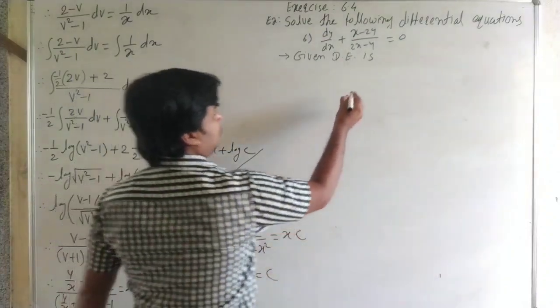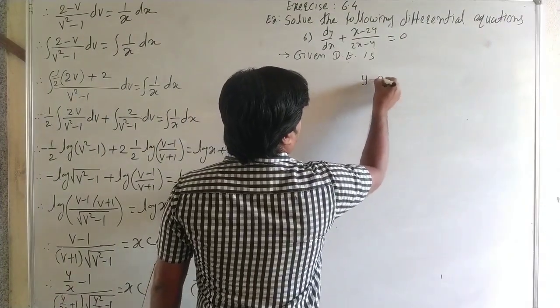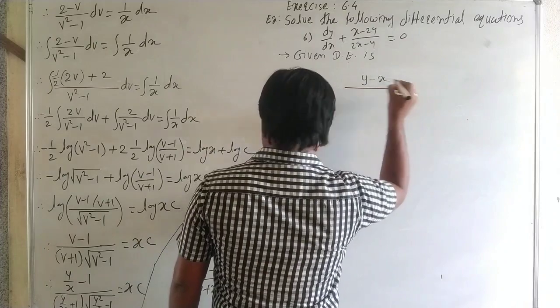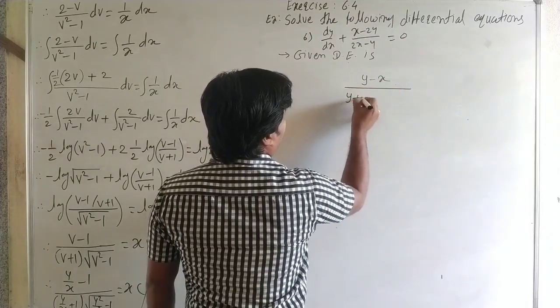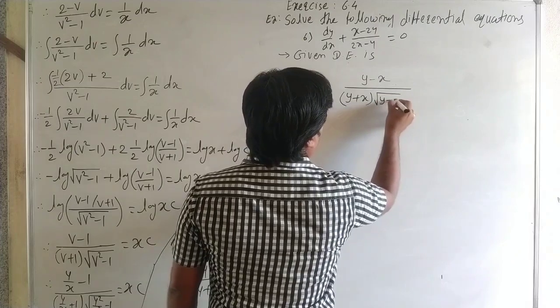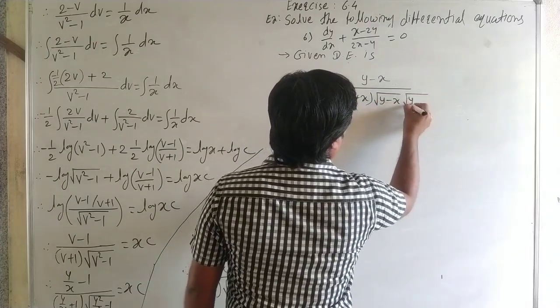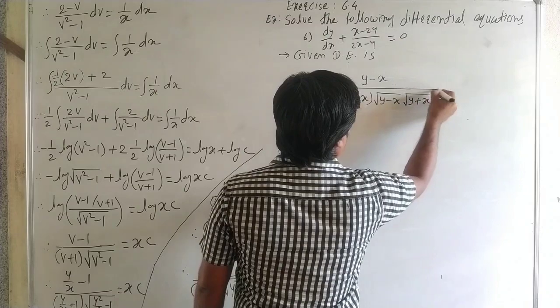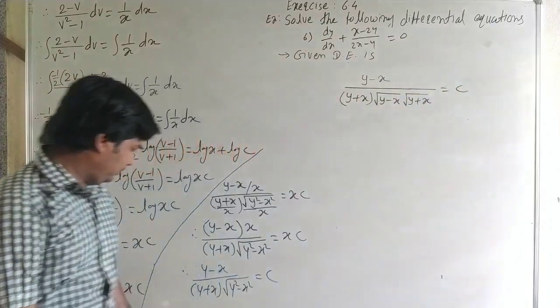After this, y minus x upon y plus x into under root of y minus x and under root of y plus x is equal to c.